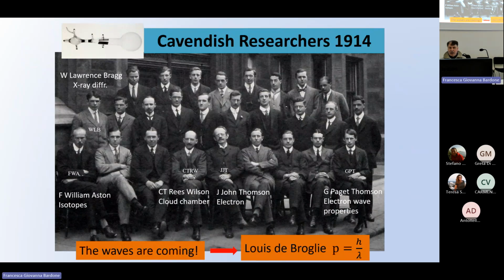So these are the people from a classroom at the Cavendish in 1914. If you can recognize some of these old professors, this is J.J. Thomson, the professor who discovered the electron. And this is C.T.R. Wilson, the professor who developed the cloud chamber.